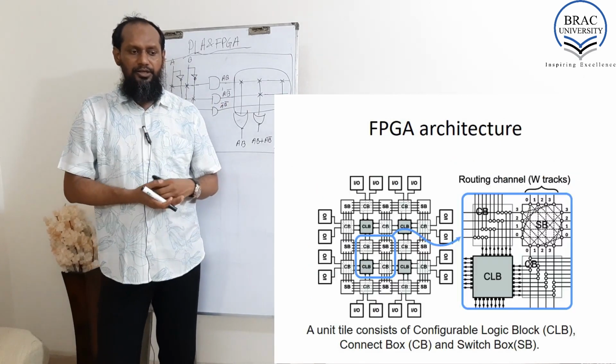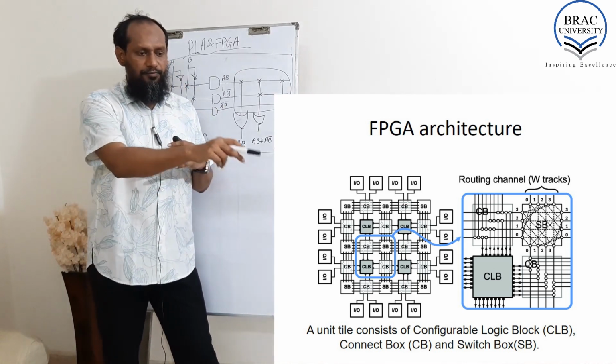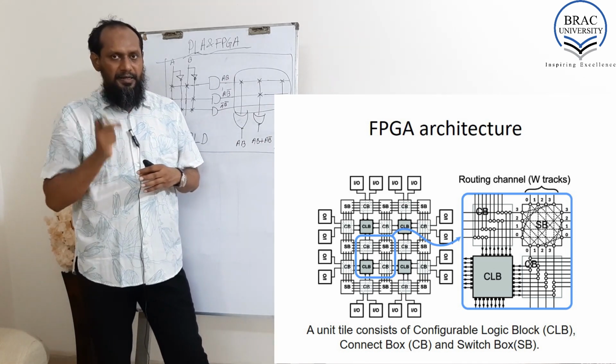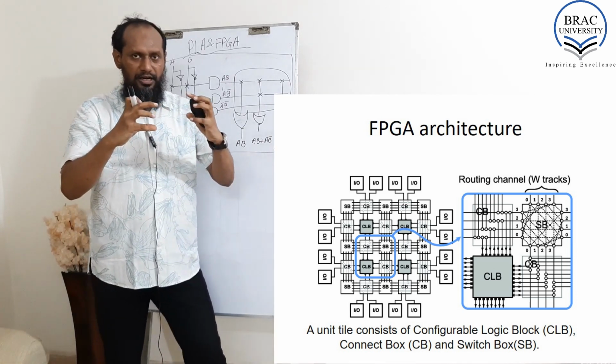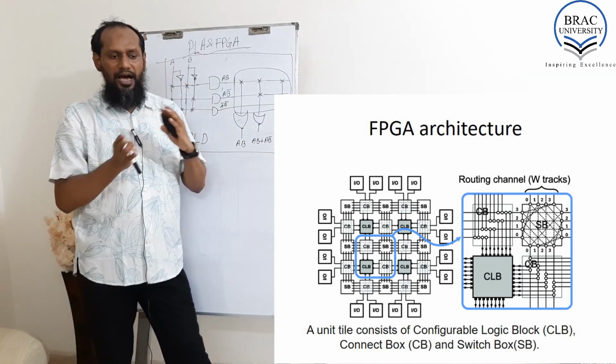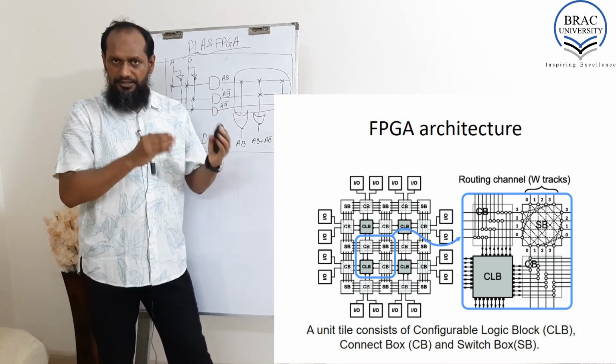So here again you can see this architecture. You can see here the four things together are working like a routing channel, where there should be some IO, some input and output pins.